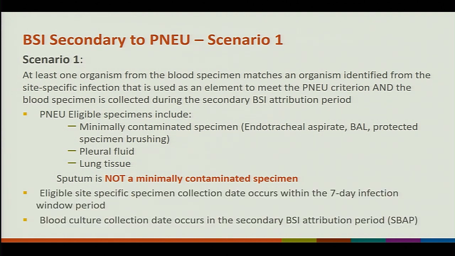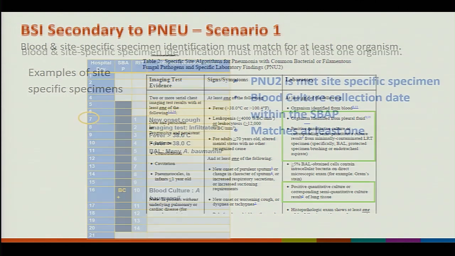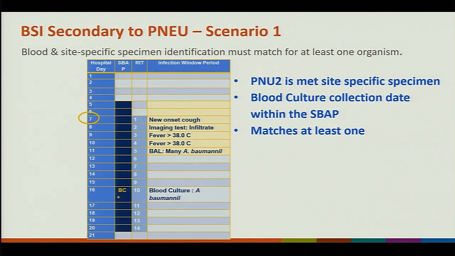The organism that you're using must be eligible, and the eligible specimen must have a collection date in the 7-day IWP. And then that requires that the blood culture has a collection date in the SBAP for the pneumonia event. So here are some examples of where in the pneumonia protocol you'll see some of those eligible specimens that you can use to meet. And now we're going to run through a couple examples.